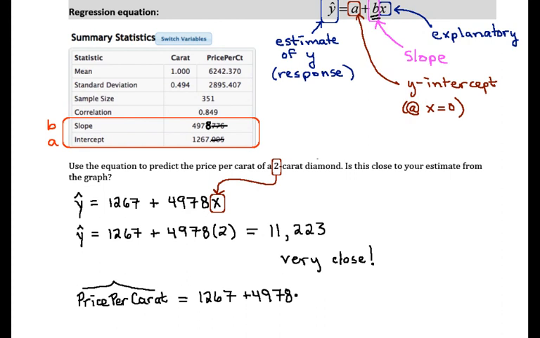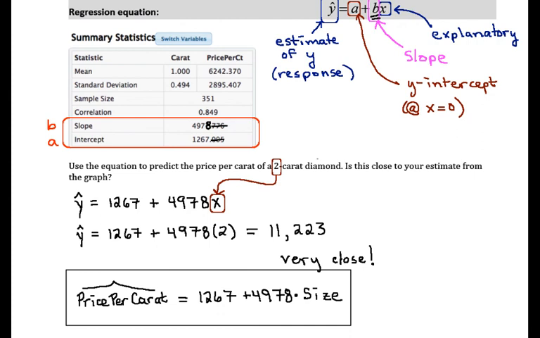So that's a multiplication, times size. Either of these forms is okay for your equation, right? Either the y hat with the x or the one using words. Sometimes with software, your output will automatically go for this second one so that it's very clear what variables it used to come up with that equation.